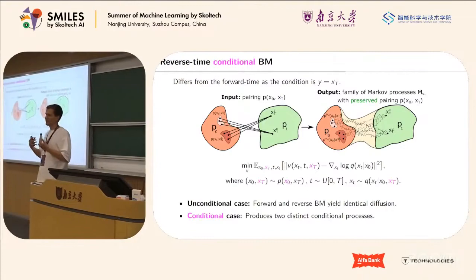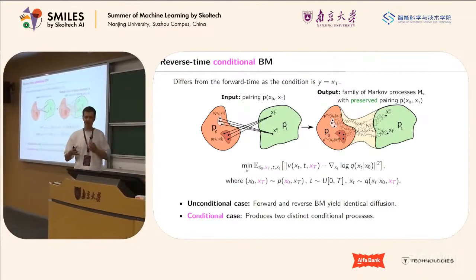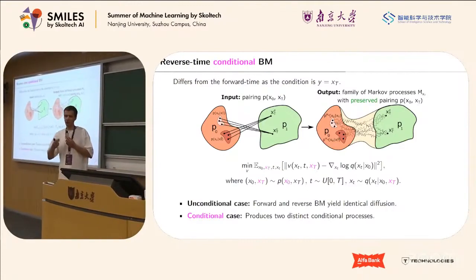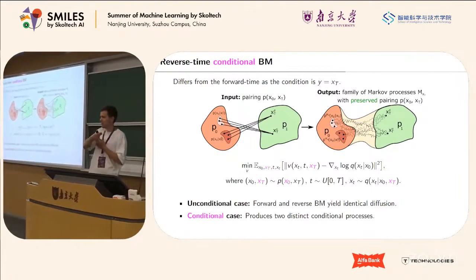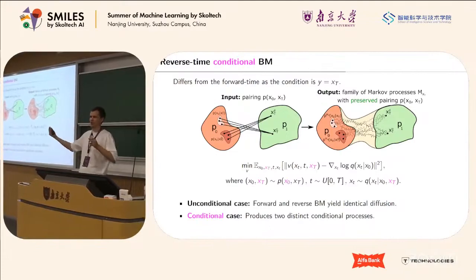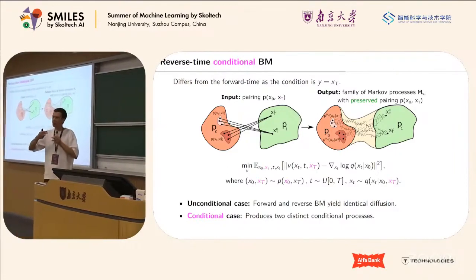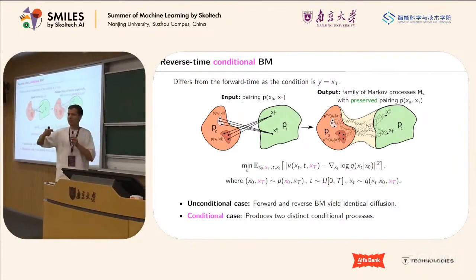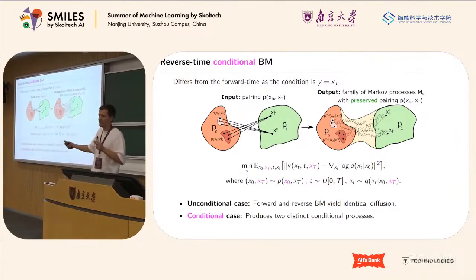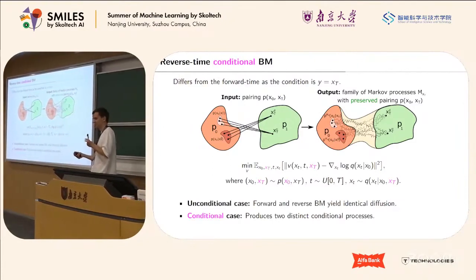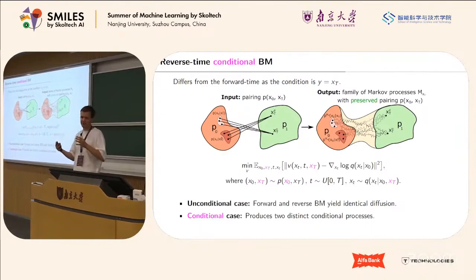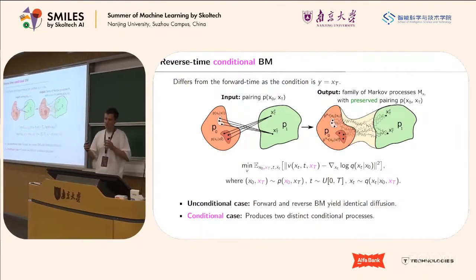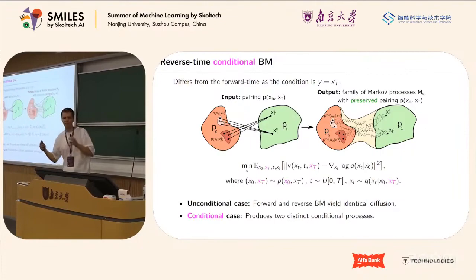Why? Because by construction, this methodology is asymmetric. You condition your model on the point from the input domain, and there is nothing backward here in this model, because to do some backward translation, you need to condition on the point from the target domain, and it will require a separate model for this. So roughly speaking, unconditional Markovian projection learns one diffusion process, which can be represented in forward and backward time.